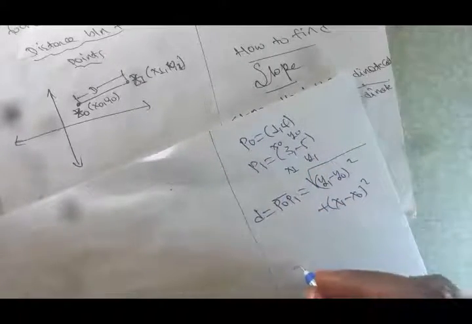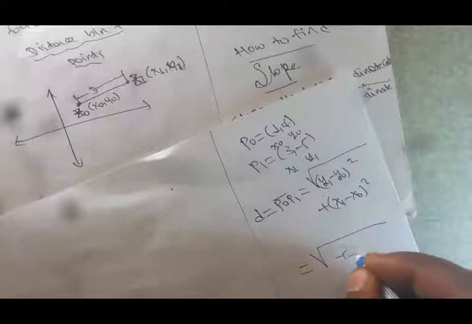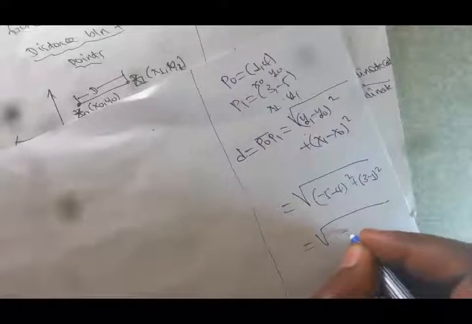This is equal to the square root of (-5 minus 4) the whole square plus (3 minus 1) the whole square. This is equal to the square root of (-9) squared plus 2 squared, which is the square root of 81 plus 4. Therefore, the square root of 85 is the distance D between P0 and P1.